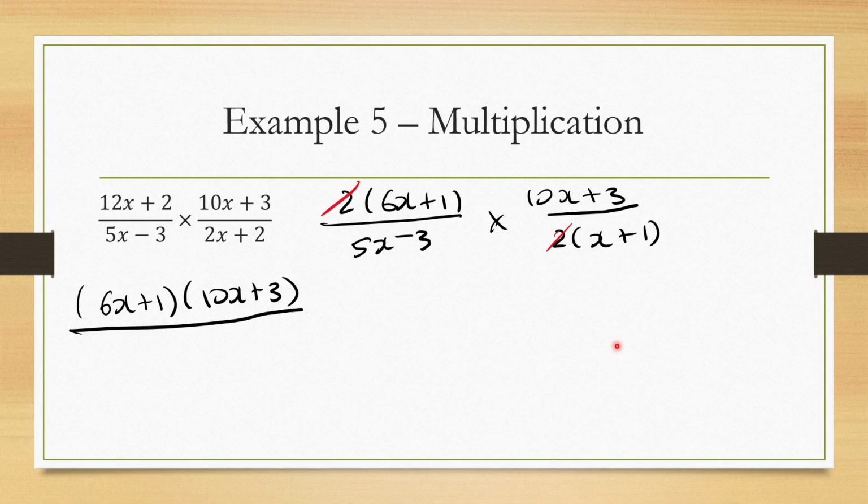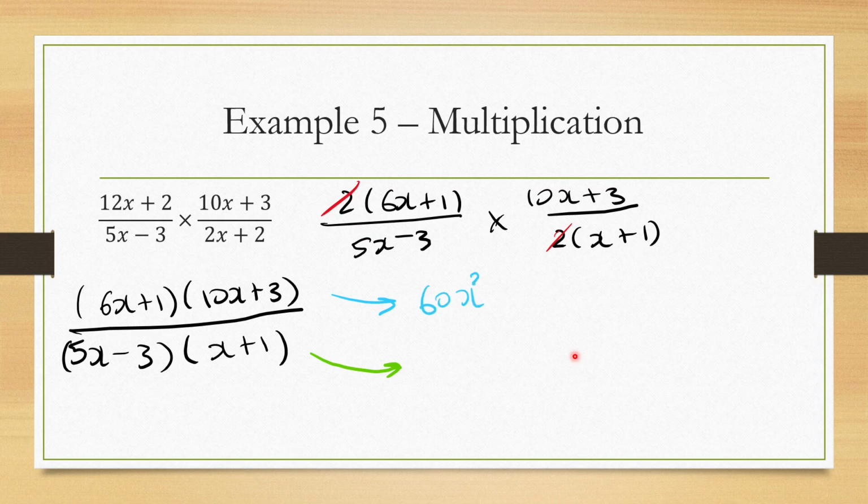Now you do 6x plus 1 multiplied by 10x plus 3, and on the bottom you multiply the bottom across as well, which you can expand the bracket into, and you can expand the bracket into that one as well.